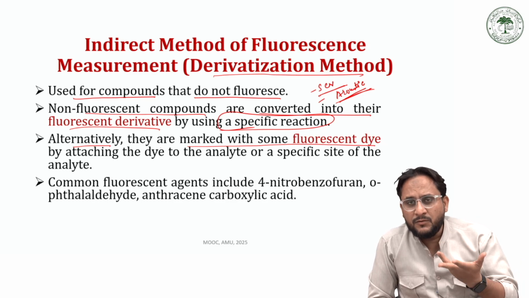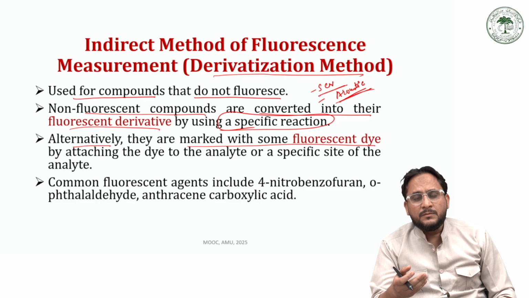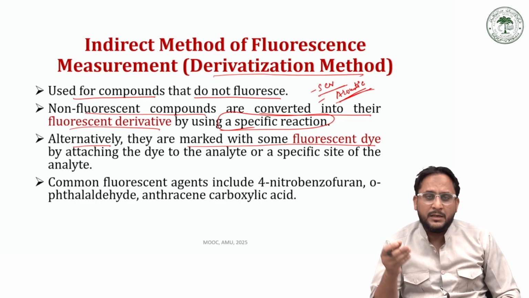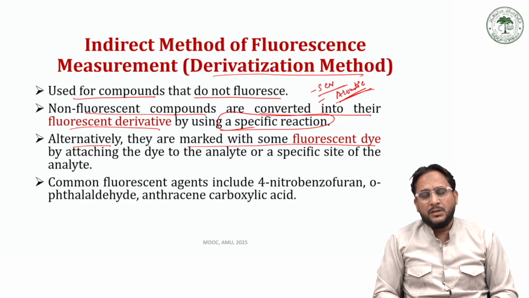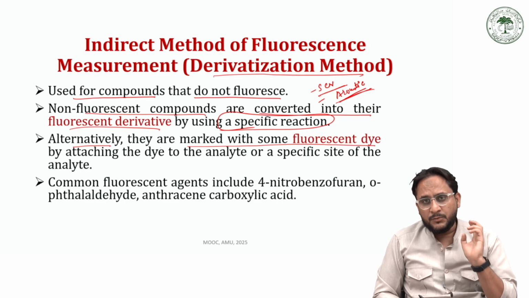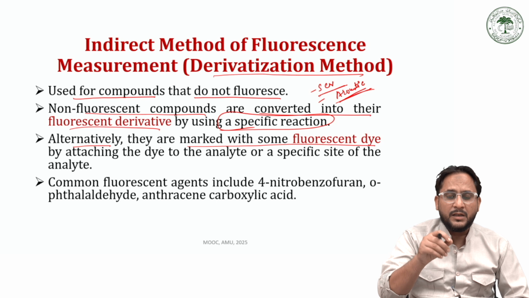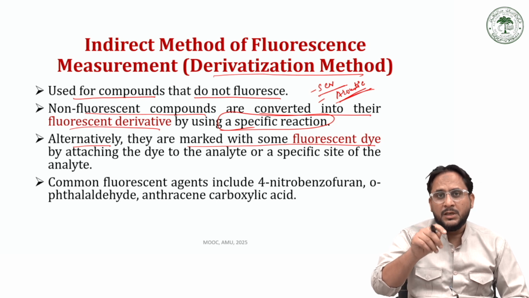For example, if we want to analyze a protein, we add those dyes which go and add to that particular protein. However, if we already know that a protein is present, we may want to analyze a particular site of that protein which is infected.